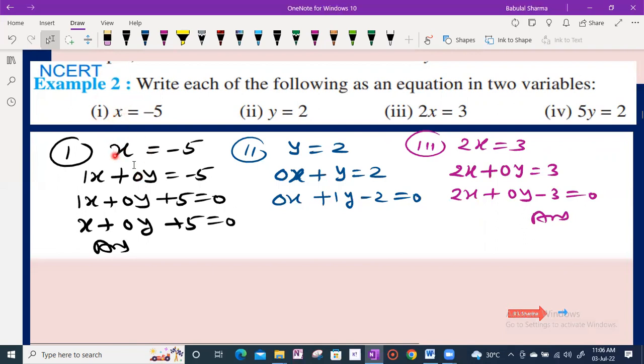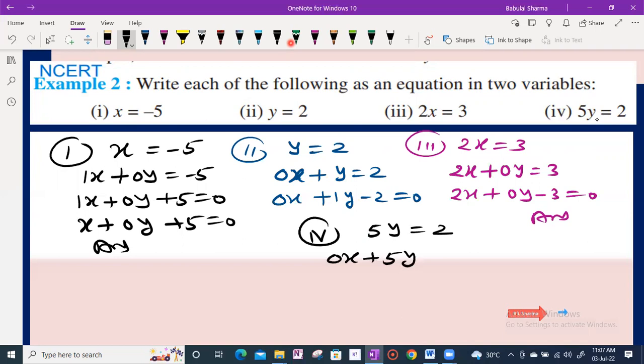Only the y variable was not there in the first part so 0 into y, in the second part x was not there so 0 into x, in the third part y is not there so 0 into y, and in the fourth part x is not there. So this is the fourth part. Fourth part is 5y is equal to 2. The x variable is not there so we can write 0 into x plus 5y is equal to 2.